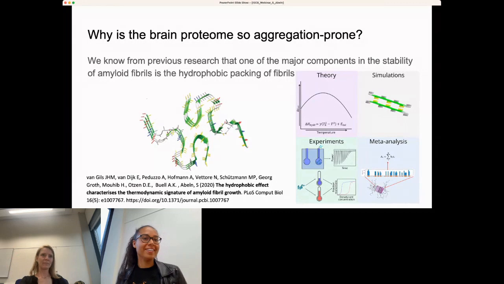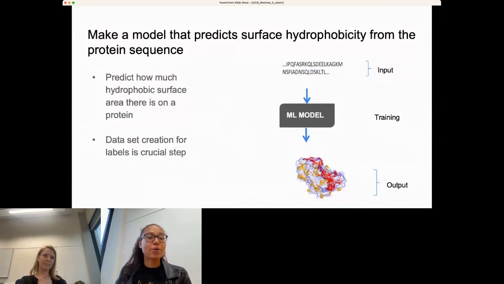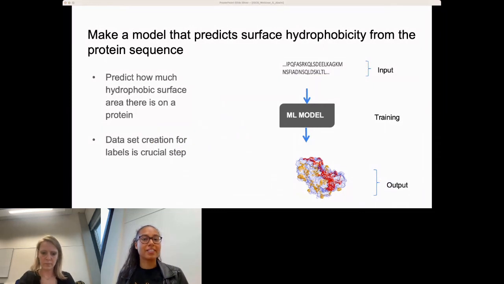Next slide. Yes. And so then what we wanted to do is that, because of course 3D structures are very hard to determine of a protein, we wanted to see, okay, can we then predict the hydrophobicity of a protein from sequence? So here, indeed, like Sanne has been explaining models.